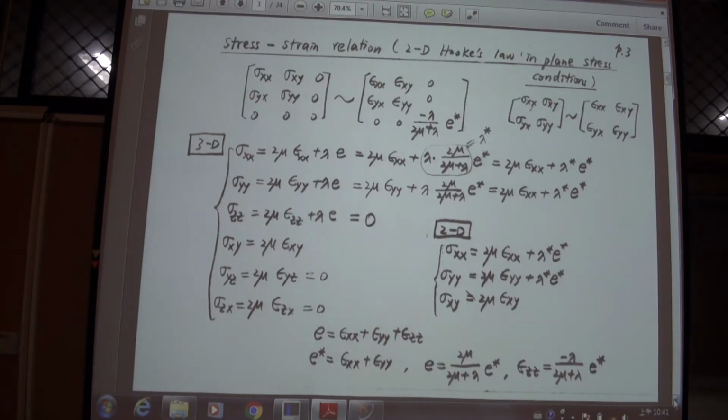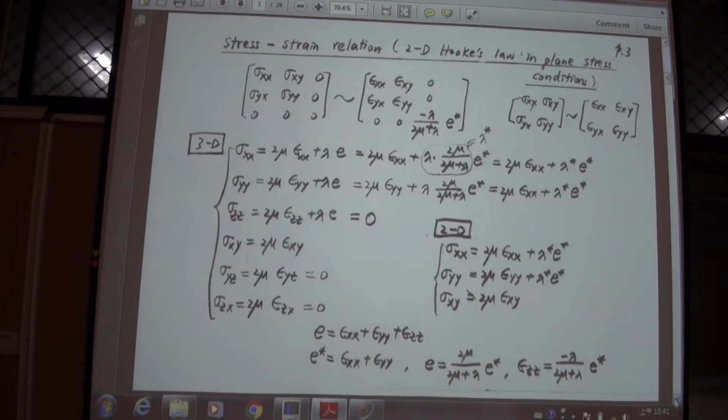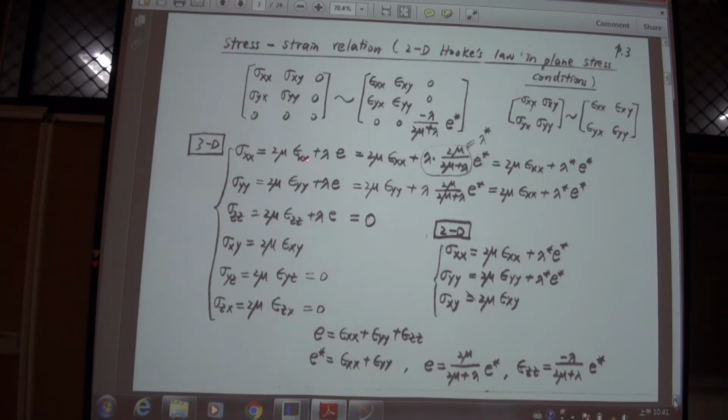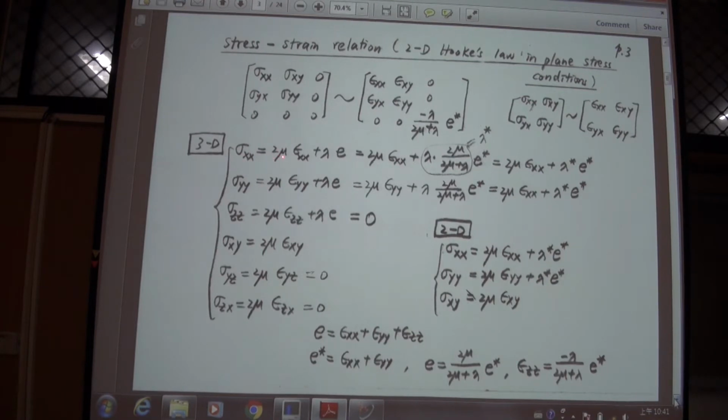Remember, we have a set of three-dimensional stress-strain relations like this. We have already talked about this stress-strain relation in the previous chapter. Here σ_xx equals 2μ times ε_xx plus λ times e.